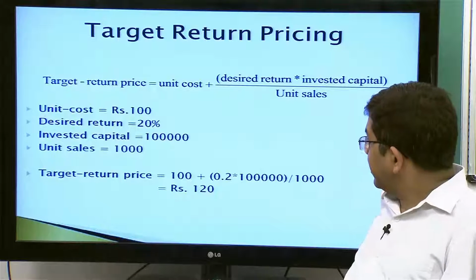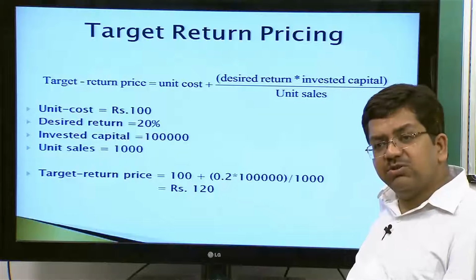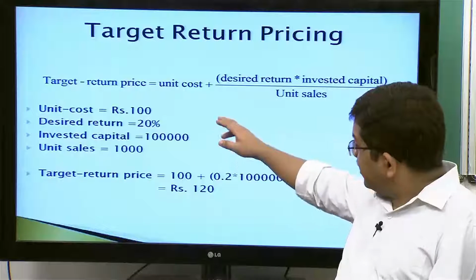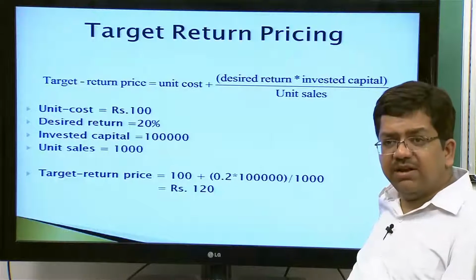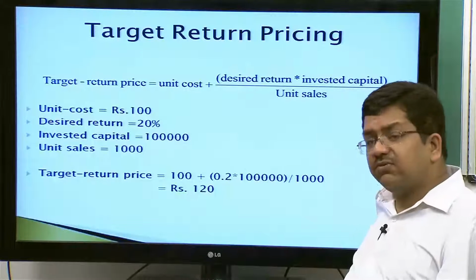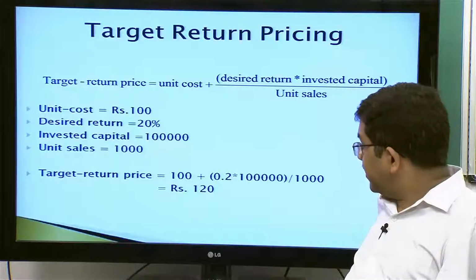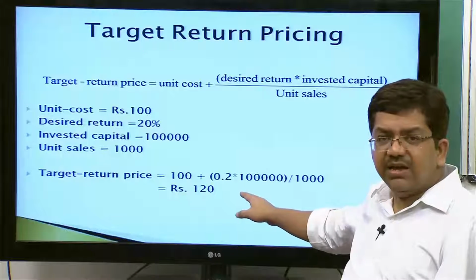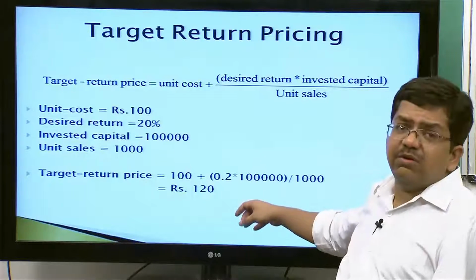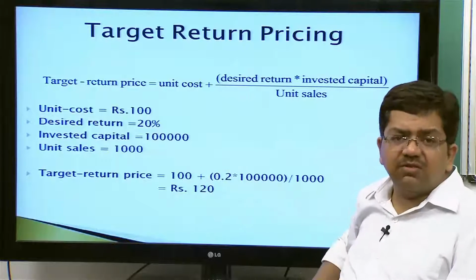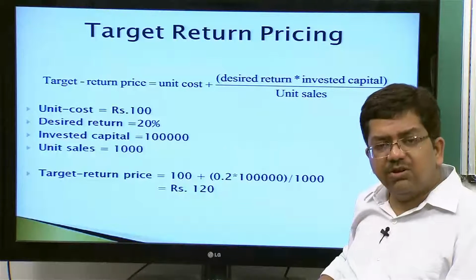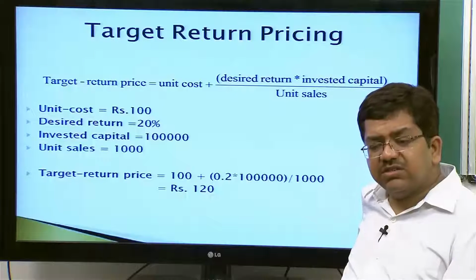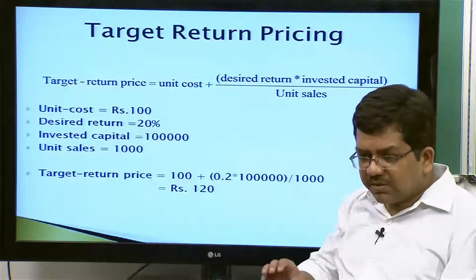Or in the other case, if you assume that very few units will be sold, you will reach a target return price which will be very high, and the final price that you set for the product might be very high, and with those prices you will find it difficult to sell the units, or your product might not do well in the market. So that is another disadvantage of this target return pricing.